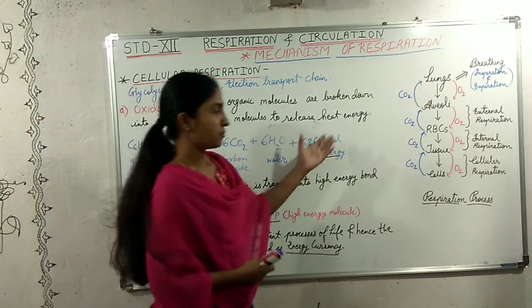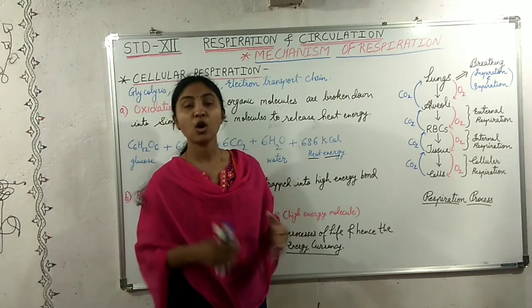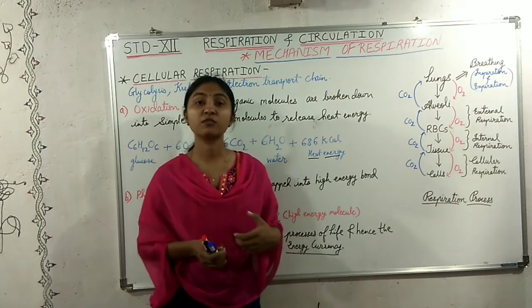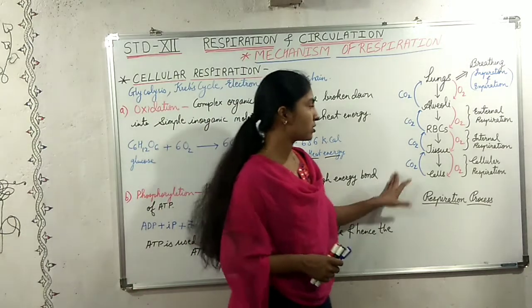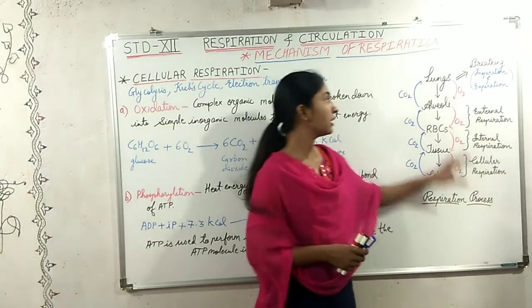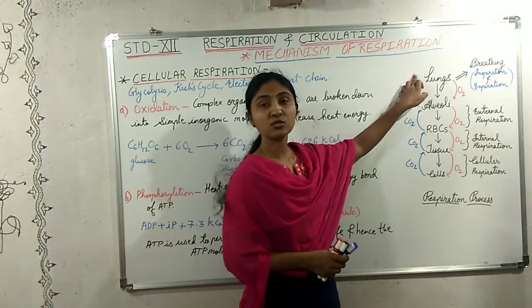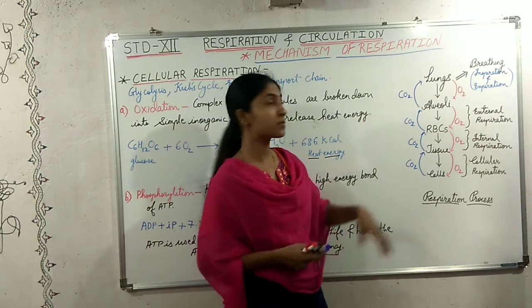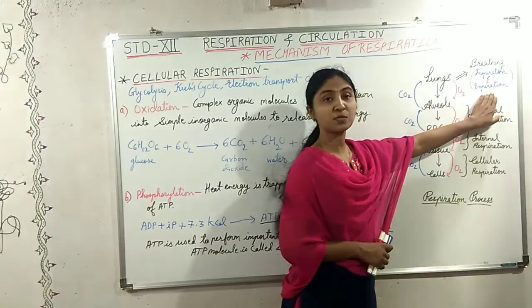Now here we have completed all the steps of the respiration process. Let us revise it in short. This is the process of respiration. It started from the lungs. In the lungs, when the exchange of gases takes place, it is called breathing, that is inspiration and expiration.